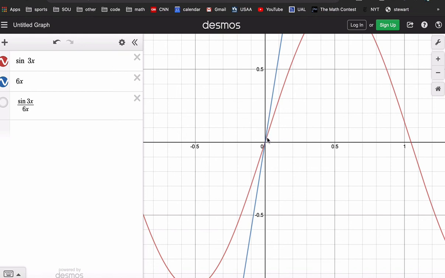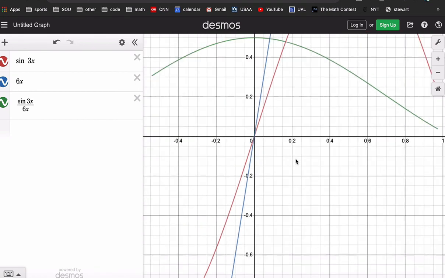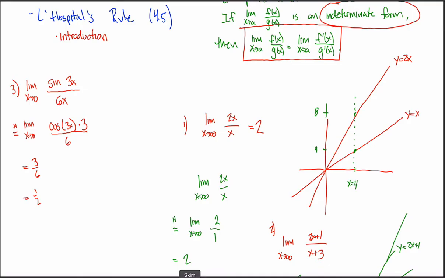So the quotient of the red thing and the blue thing is going to be 1/2. Don't believe me? Here it is graphed. If you plug in different values of x, you'll get different values of this quotient. But when the x value gets really, really, really close to 0, the y value gets really, really close to 1/2. Which is why this limit was equal to 1/2 in the first place.